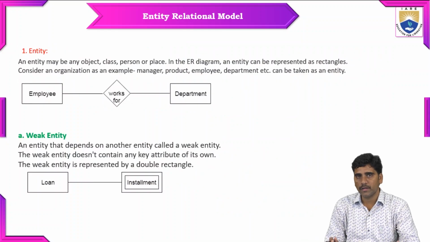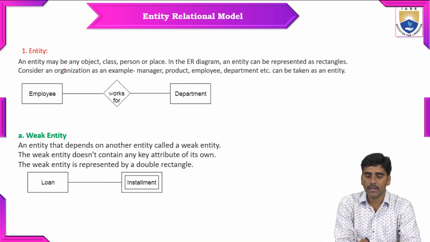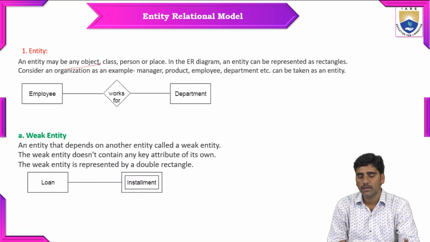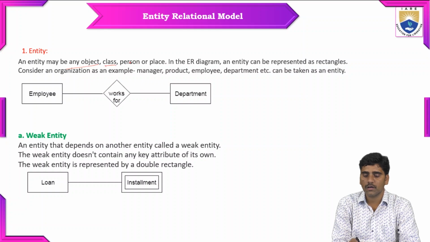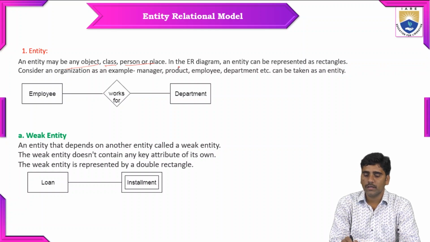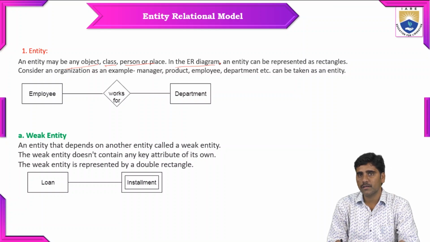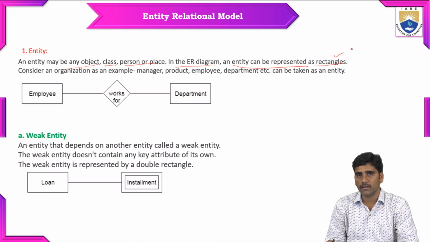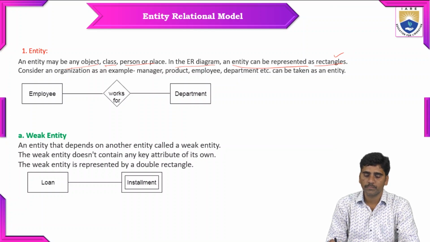So what is meant by an entity? An entity may be any object, class, person or place. An entity is an object which shows the identity of itself. In the entity relationship diagram, an entity is represented as a rectangle.